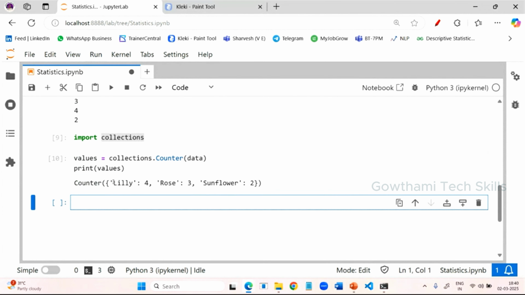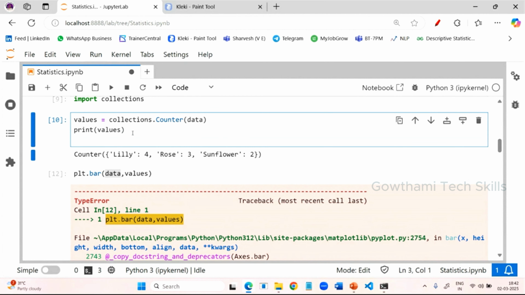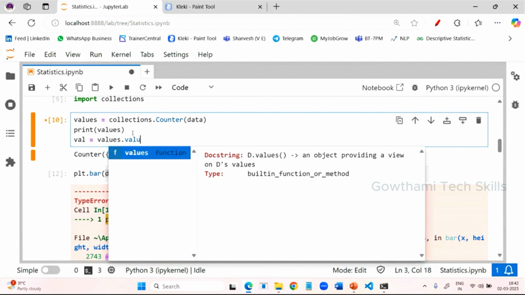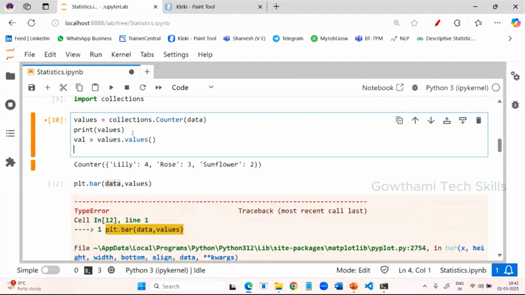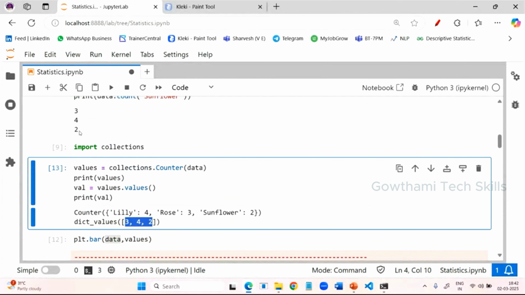You got it in the format of a dictionary. I want to get only the values. So take one more variable, val, is equal to values.values(). Now print val. So now you are getting 3, 4, 2.